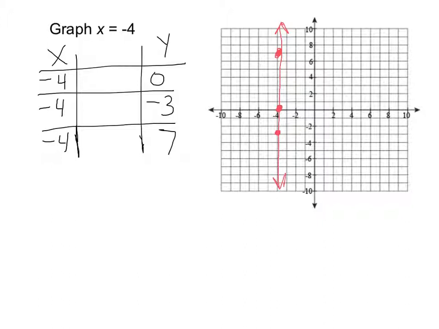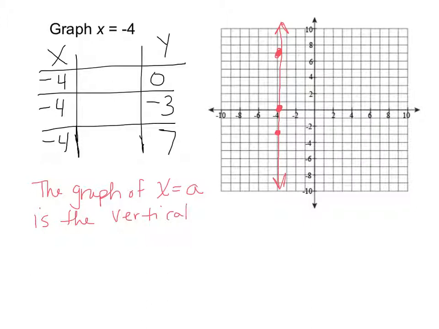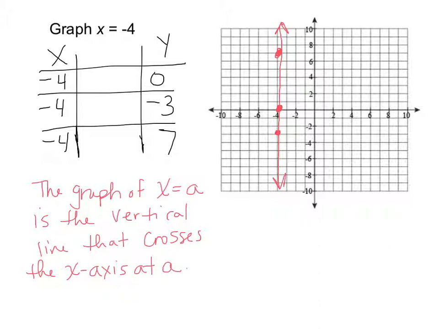In this case, we could say that the graph of x equals any number a is the vertical line that crosses the x-axis at a.